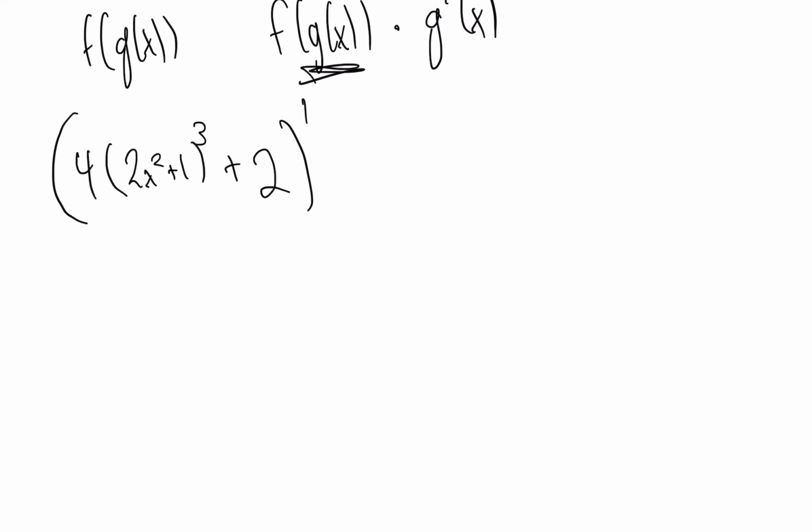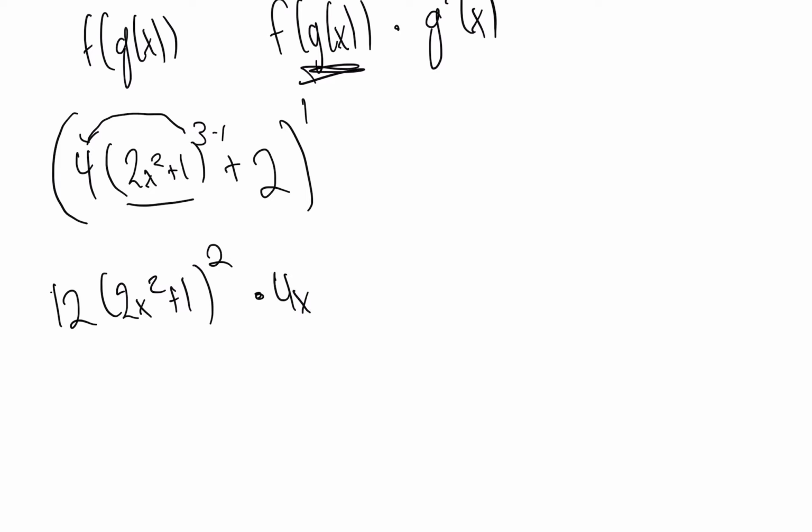So we take the derivative of the outer function first, so this entire thing. We multiply the exponent by the coefficient and then subtract 1 from the exponent. So we have 12 times (2x squared plus 1) squared. Remember, do not touch the inside yet. Then you multiply this by the derivative of the inside function, which would just be 4x.